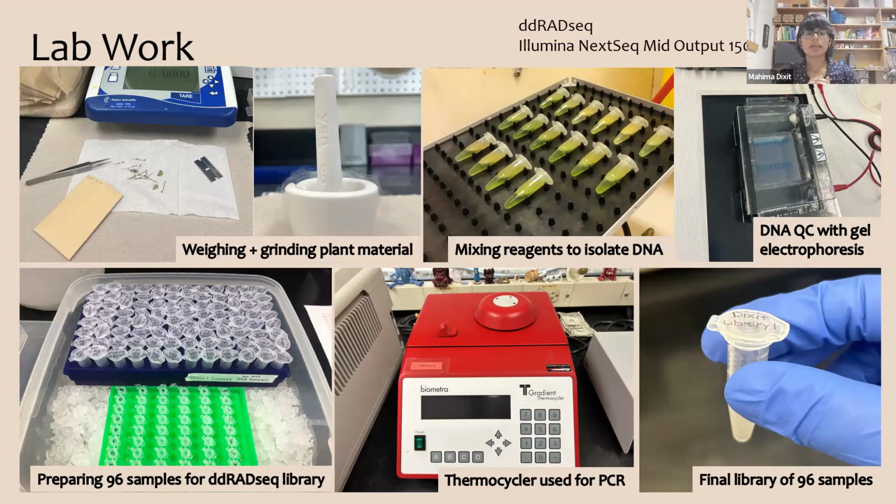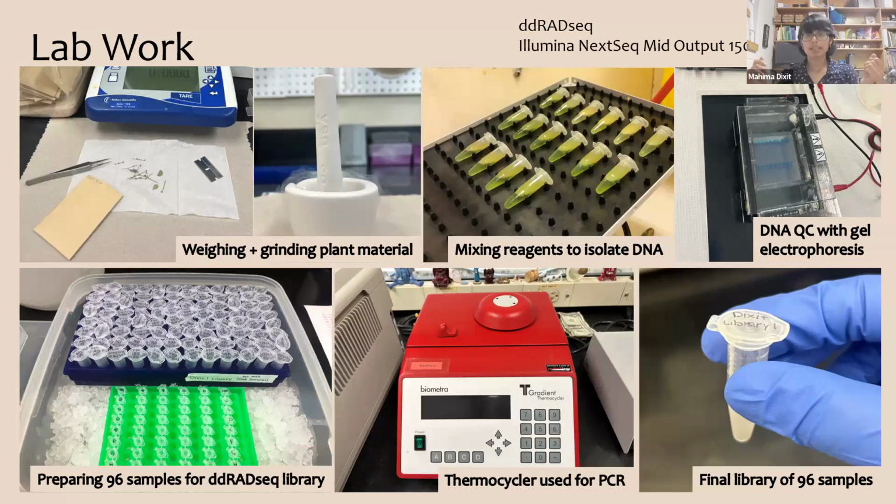So I should preface that the type of sequencing that I'm doing is called dd-RADseq. And this is a type of sequencing where, if you imagine a whole plant genome, it is both financially and computationally very expensive to sequence an entire genome of a plant.